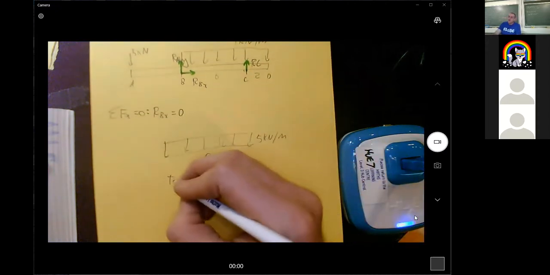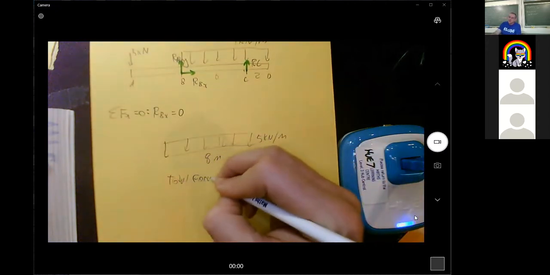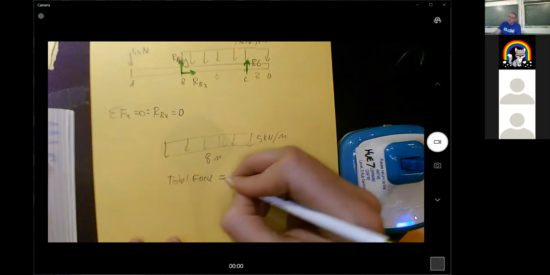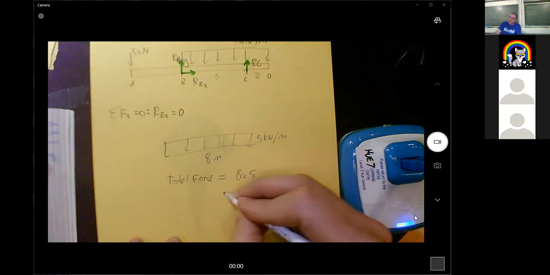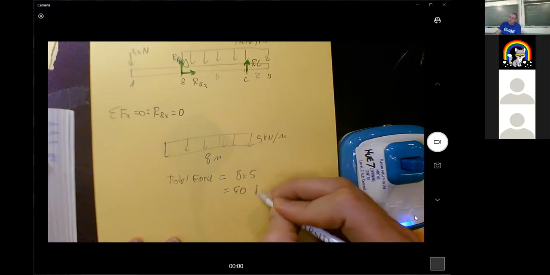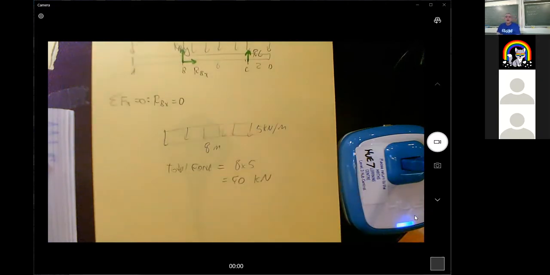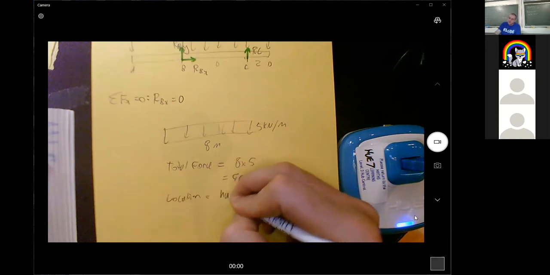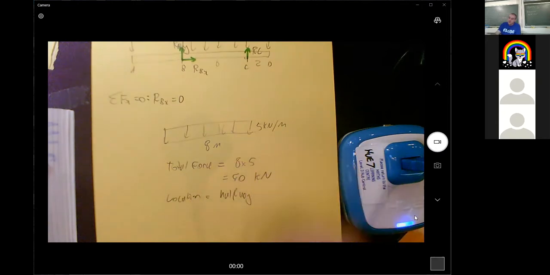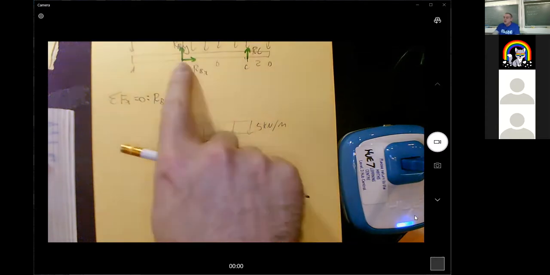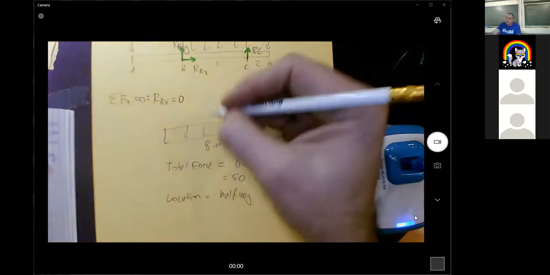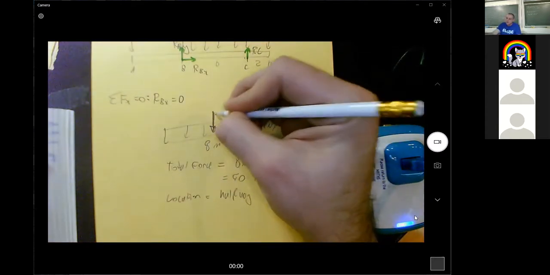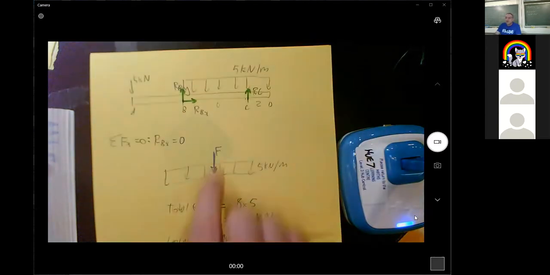And so the total force of the distributed loading is 8 by 5, which is 40 kilonewtons. And its location is halfway. So that would be half of the 8, which is 4 of the way from B.